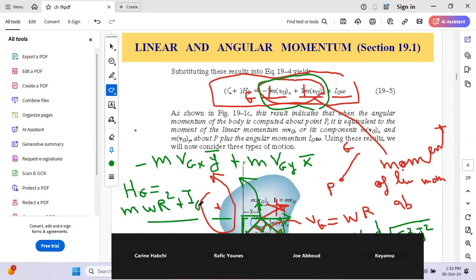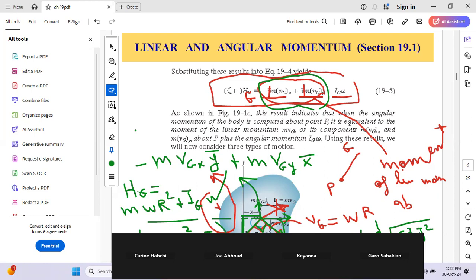Now if I take omega as a common factor, what do I get? I get m r squared, exactly, with r representing the distance from P to G, so m PG squared plus Ig. And if I use the parallel axis theorem, this term represents Ip.